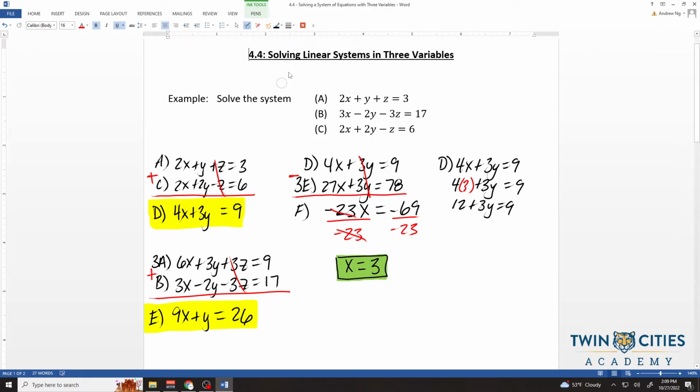Let's subtract 12 from both sides. So we'll get 3y equals 9 minus 12 is negative 3. And then we can divide both sides by 3. So that's going to make y equals negative 3 divided by 3 is going to be negative 1.